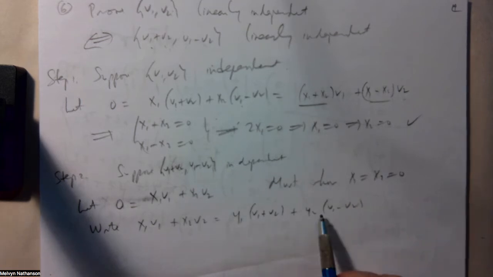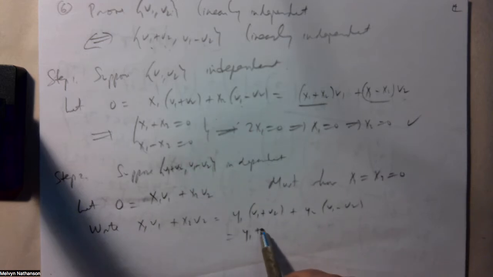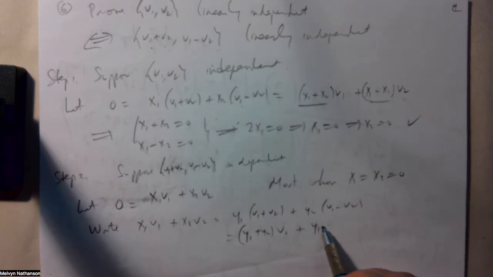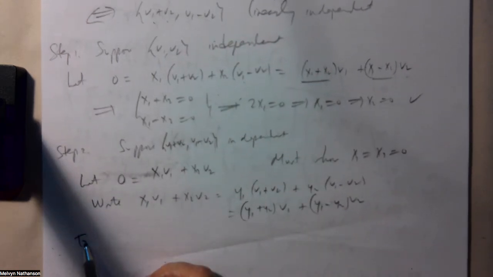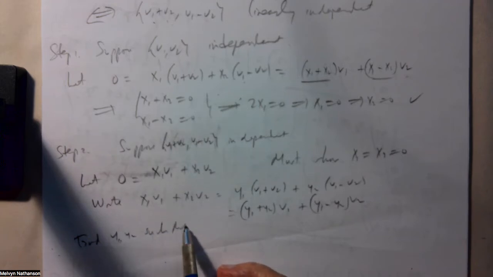If I can do that, then what do I have over here? This is (y1 plus y2) v1 plus (y1 minus y2) v2. So I would like to find y1, y2 such that y1 plus y2 equals x1 and y1 minus y2 equals x2.